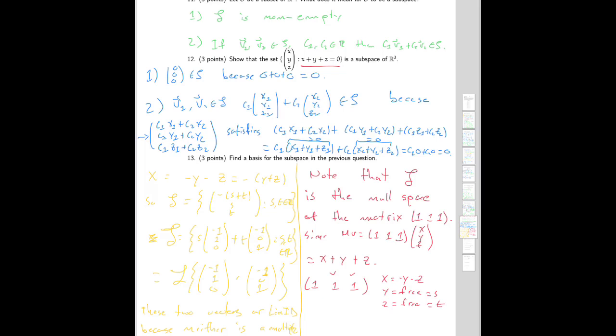So we'll say y is s, and we'll say z is t. Okay, so in other words, the solution set (x, y, z) is equal to (-t - s, s, t), or we could write this as s times (-1, 1, 0) plus t times (-1, 0, 1).